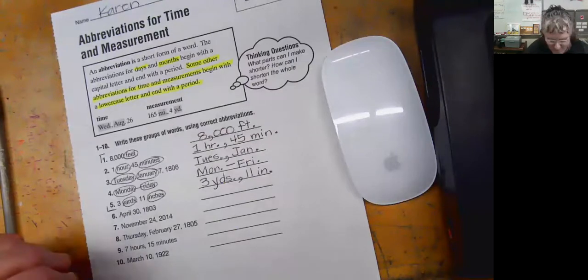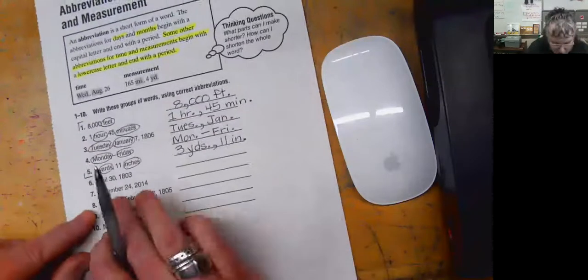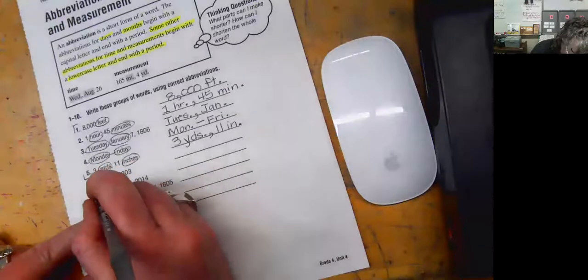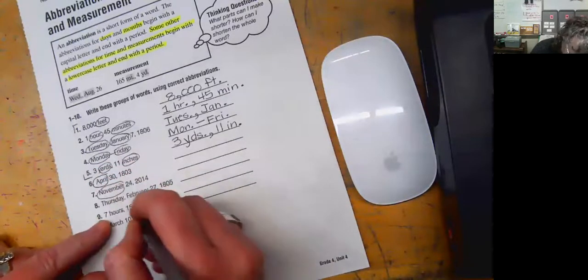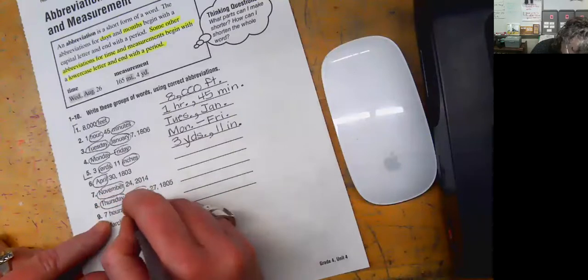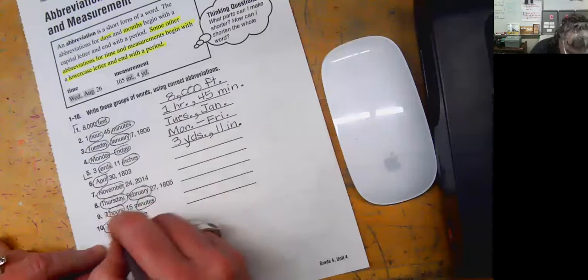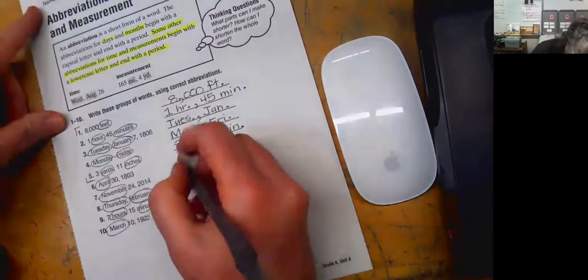All right, we will stop right there. So I'm going to do my same process I did over here. I'm going to circle the words that probably can be abbreviated. Okay, here we go. So I'm going to start out with April.